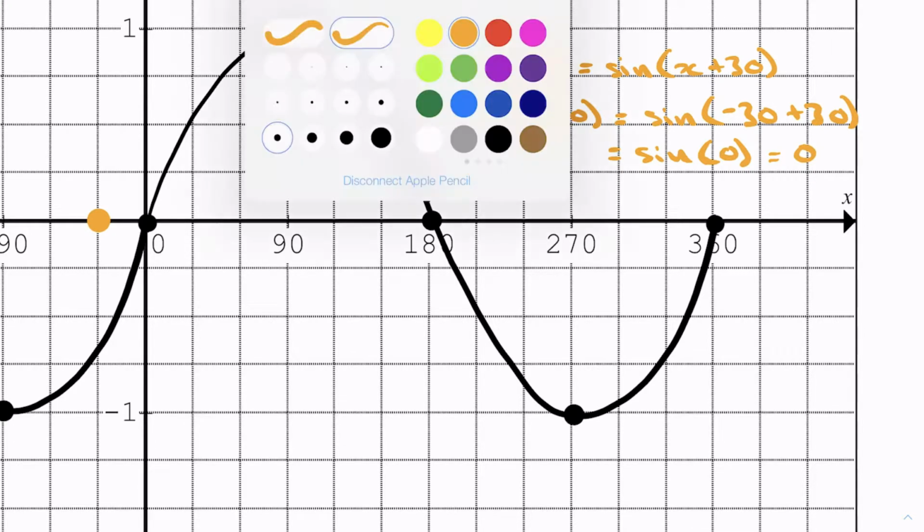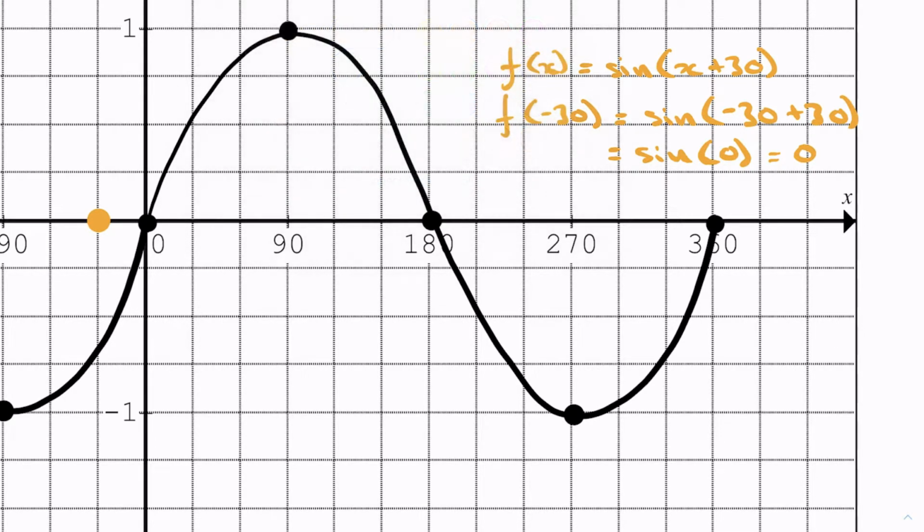Next, let's move over to the right. We'll go up by 30 degrees, and we're going to get f of 0. So f of 0 is just going to be sine of 0 plus 30, or sine of 30, which, if you recall, in your 60, 30, 90 triangle, I'll do it over here.